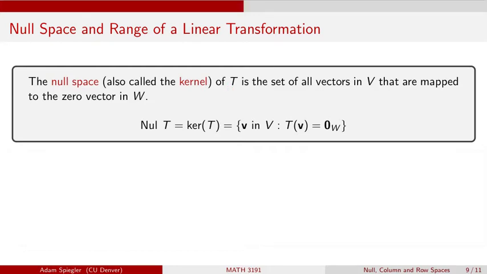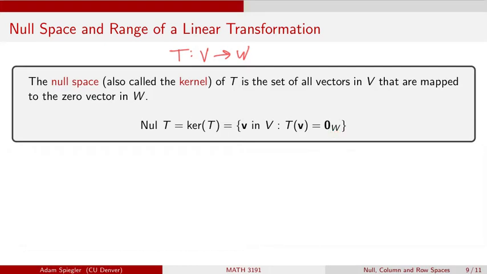So the null space is the set of all vectors in the vector space V that get mapped to the zero vector in the codomain, which is W. Recall this map T is mapping from V into W. So we define the null space, or the kernel of T, to be the subspace of all vectors v in the domain V so that when we apply transformation T to that vector, we wind up with the zero vector, and here we're referring to the zero vector in the codomain, the vector space W. That's why I put a subscript W here.